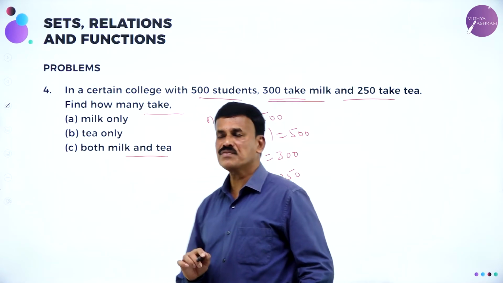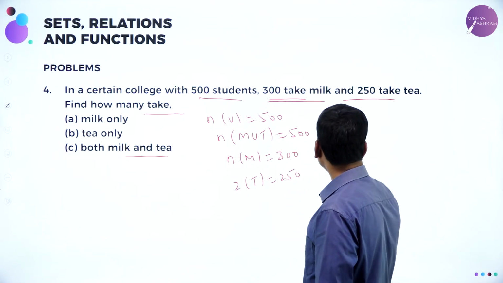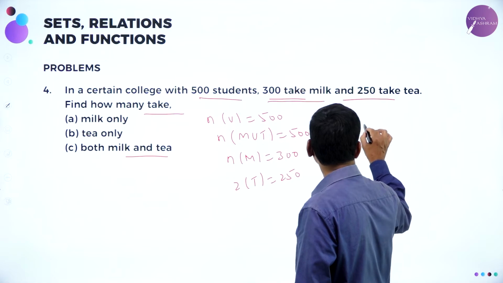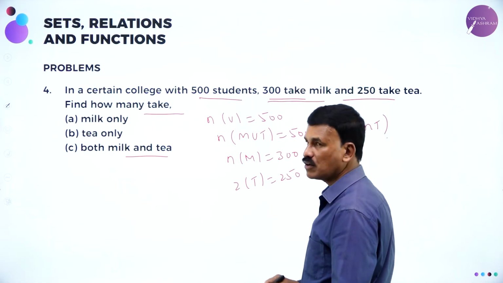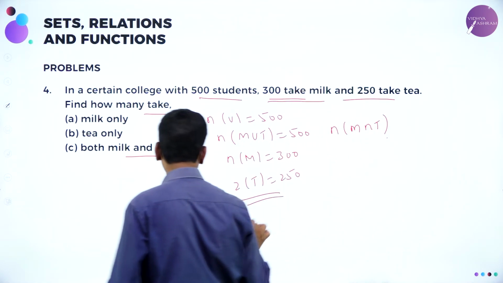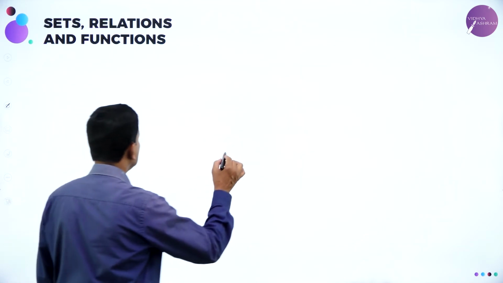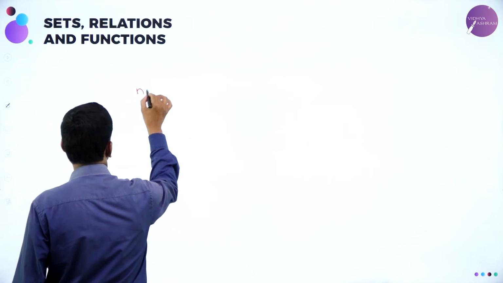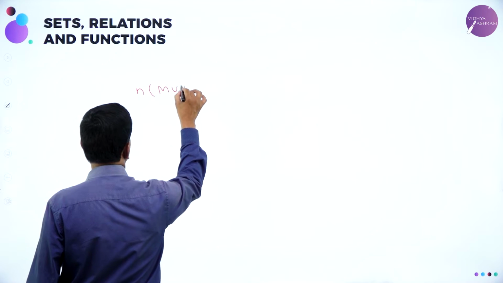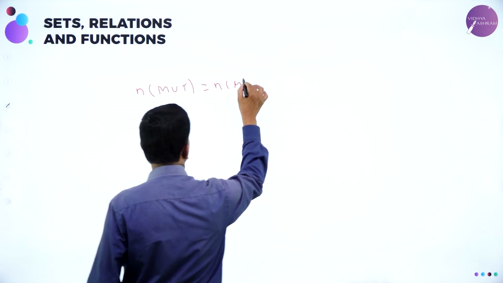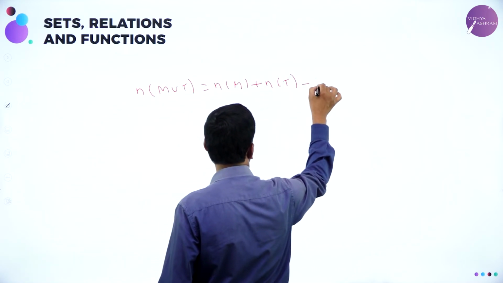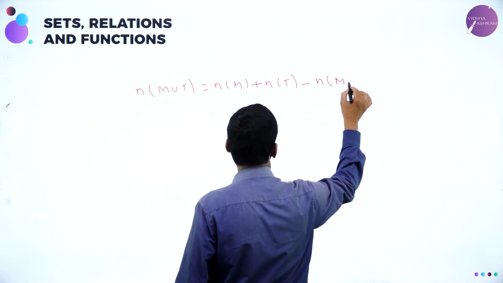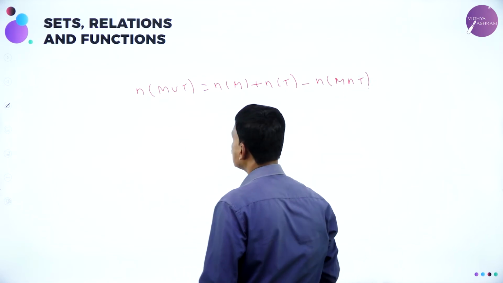Now let us first find n of M intersection T. Since n of M union T is equal to n of M plus n of T minus n of M intersection T, substitute the values.